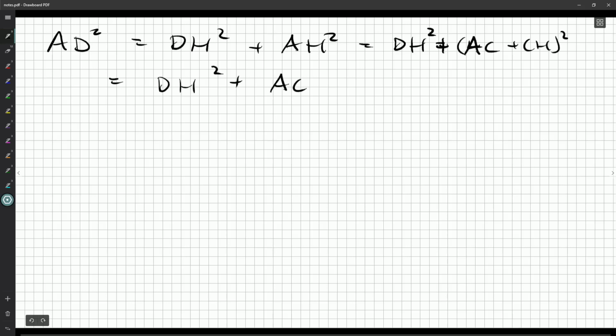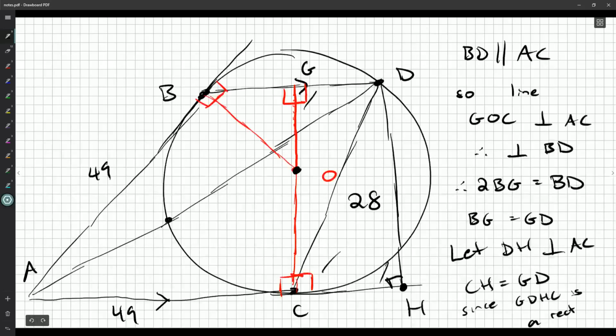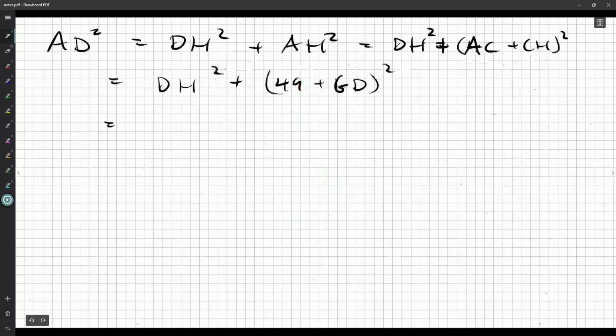So I at least have sort of a plan of attack. AC was 49. And CH, as we just said, is the same as GD. Okay, so things to think about. Oh, and DH, of course, is 28 squared minus this GD squared.